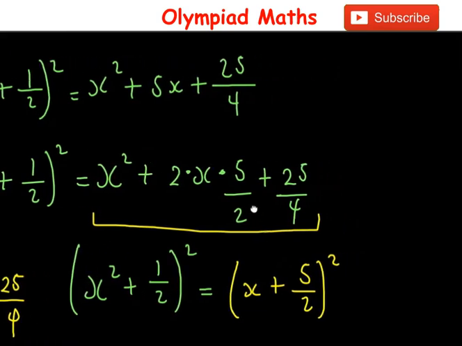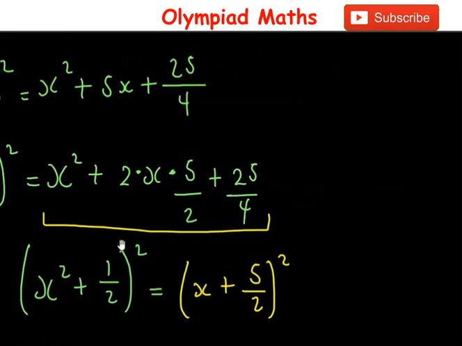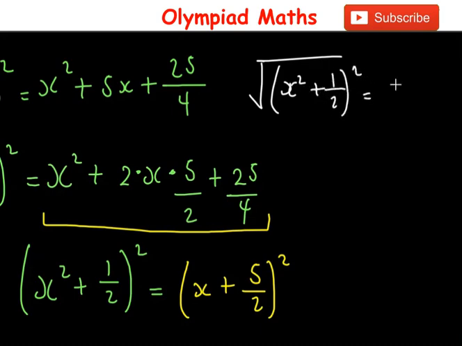So to solve this further, we are going to square root this equation. This becomes the square root of (x squared plus 1 over 2) all squared is equal to plus or minus the square root of (x plus 5 over 2) all squared.